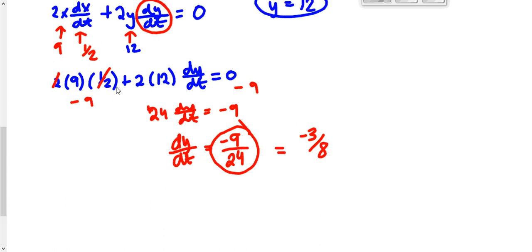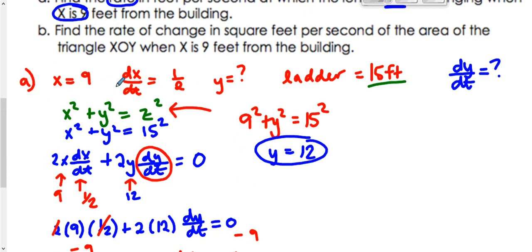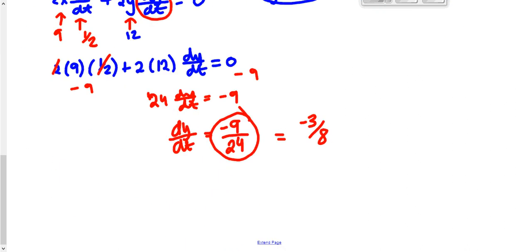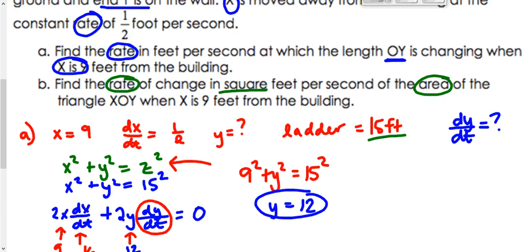Now let's look at part B. Find the rate of change in square feet per second of the area. So rate of change of the area, we are finding dA/dt this time. Of the triangle X, O, Y, when x is 9 feet from the building.